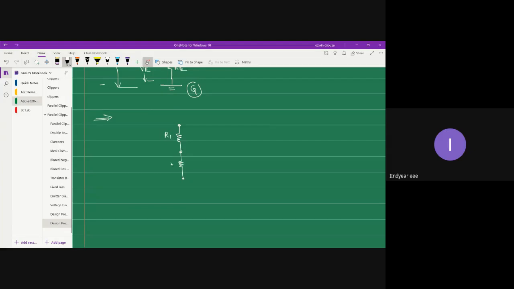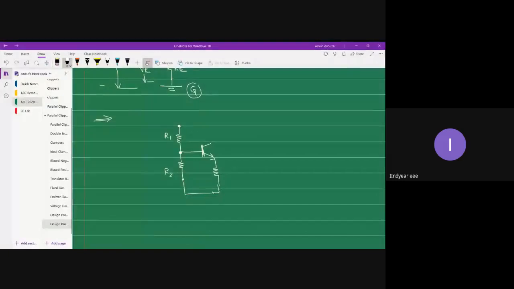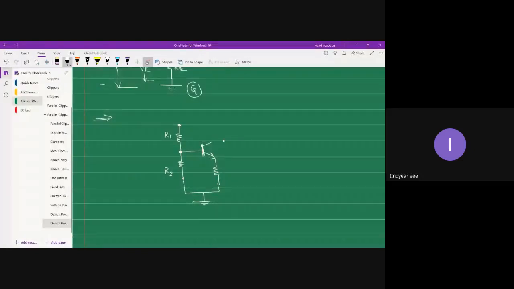So this is R1, this is R2, this is your base terminal, which later on gets connected to the base terminal of the transistor. This is RE, this is ground. This is your collector terminal. This is RC.